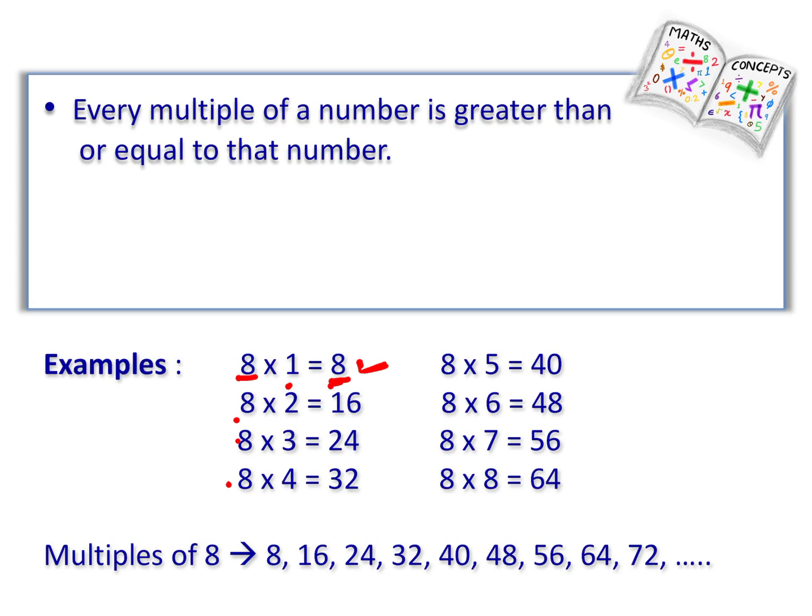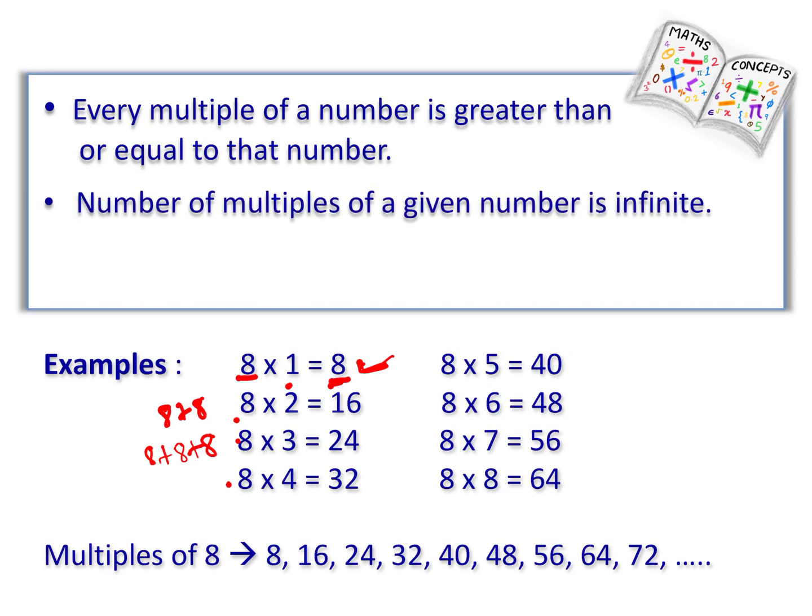So 8 2s are 16, 8 plus 8, we keep adding the number, and that's why all the multiples are going to be bigger than the number itself. The first multiple is equal to the given number, and the next multiples are greater than the number itself.